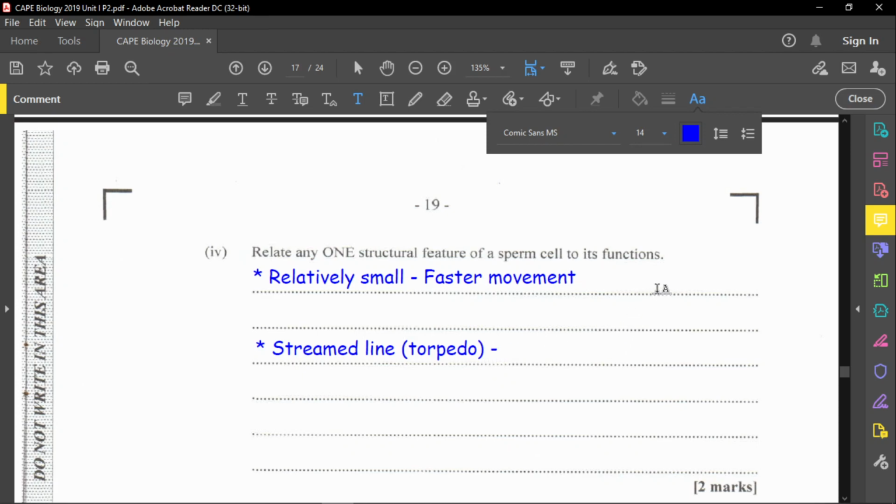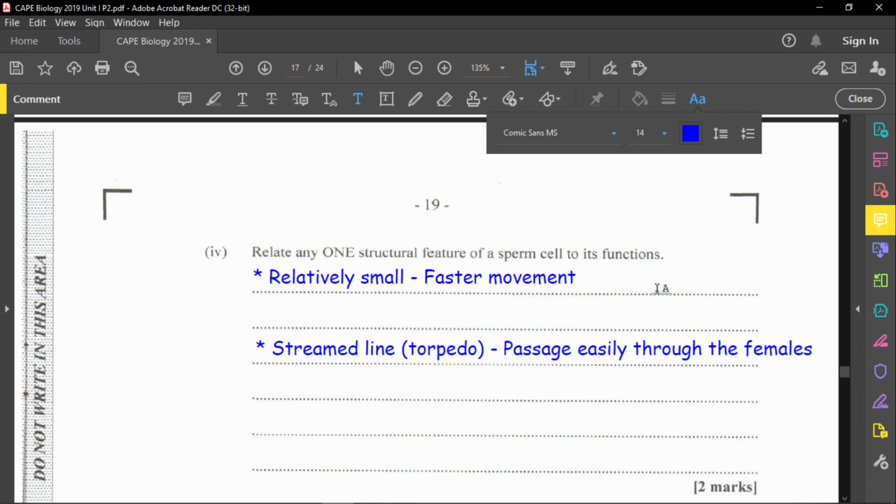And since it's streamlined, the way it's shaped allows easy passage through the female reproductive tract.